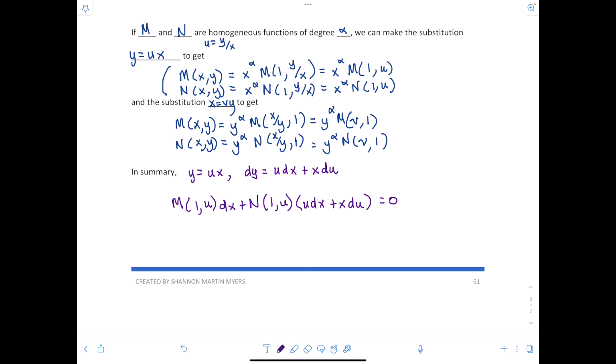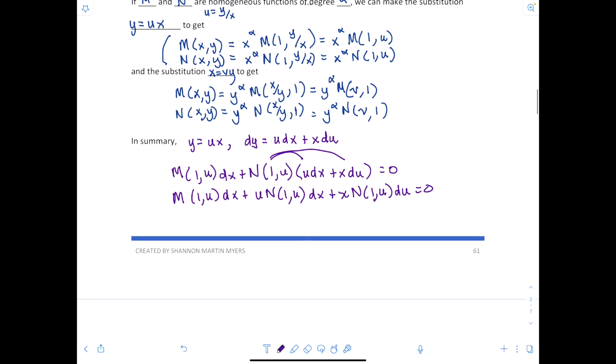Simplifying, we will have the following. M at 1 and u dx plus u, I'm just distributing this through, times N at 1 and u dx plus x times N at 1 and u du would equal 0.